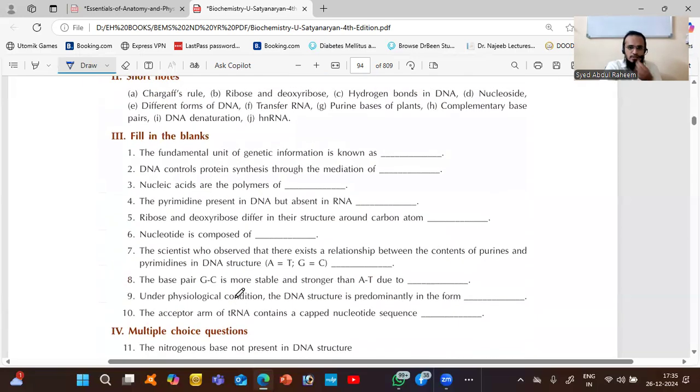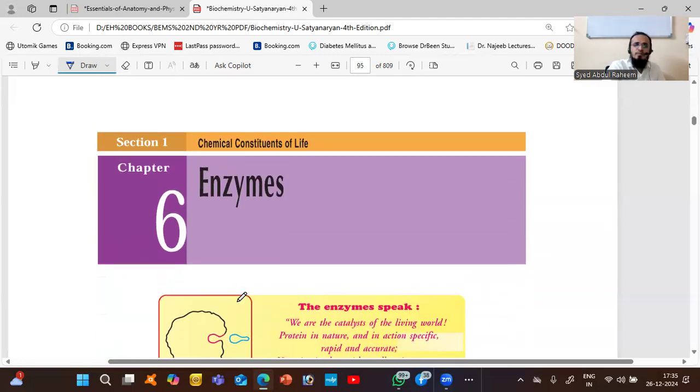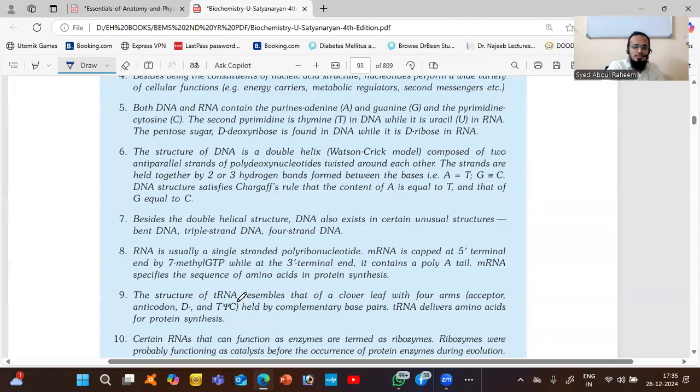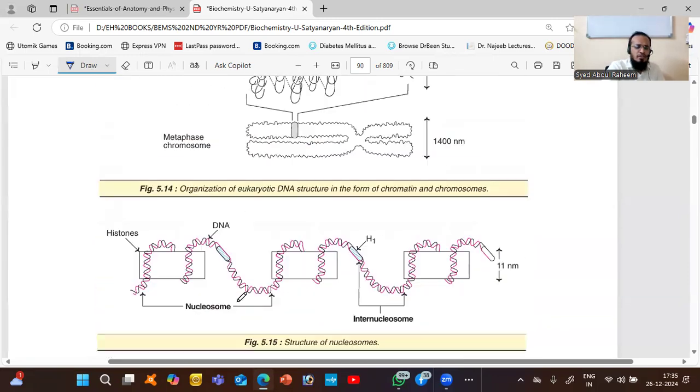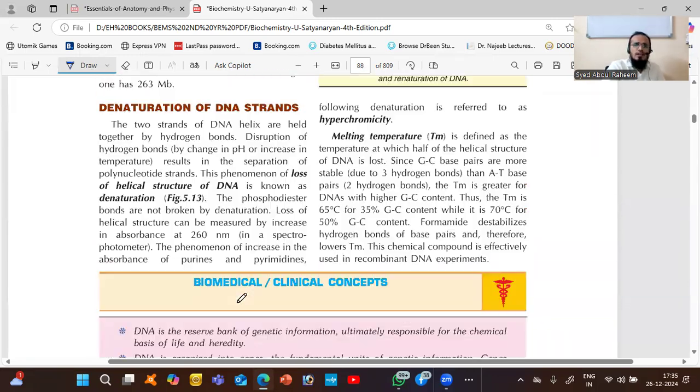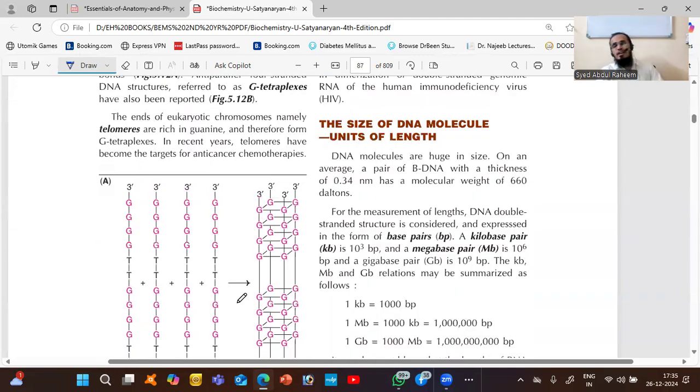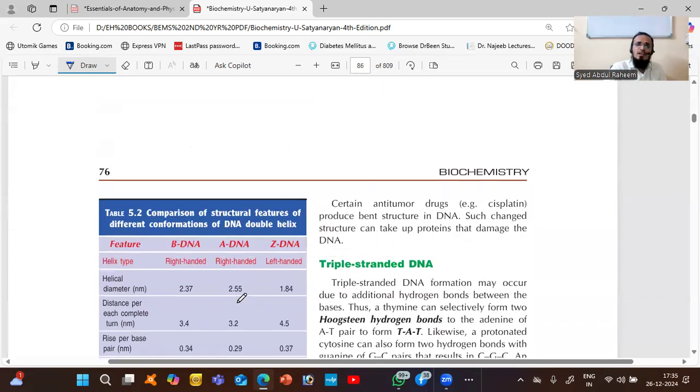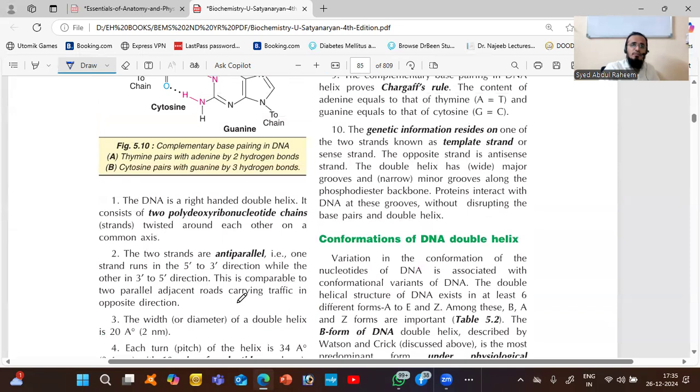So this is about nucleotides and nucleic acid. Basically, in nucleic acid you have DNA and RNA, and in the DNA we have genetic information. RNA is supportive of DNA, and there are three types: transfer RNA, messenger RNA, and ribosomal RNA. Transfer RNA transfers the information from the nucleus to the outer portion of the cell.